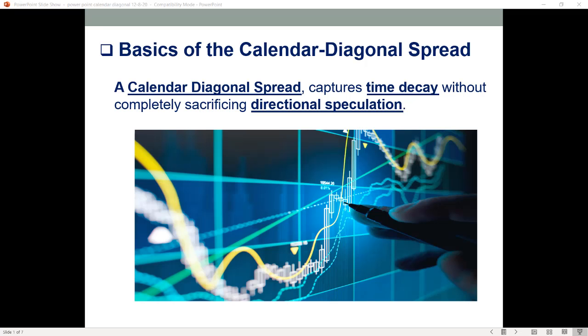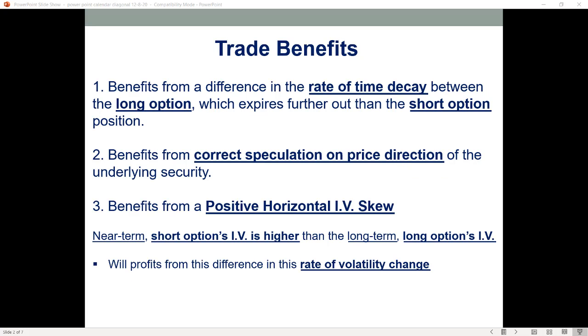First, here are the basics of a calendar diagonal spread. This trade captures time decay without completely sacrificing directional speculation. It benefits from the difference in the rate of time decay between your long option, which expires further out, and the short option, which is closer in.